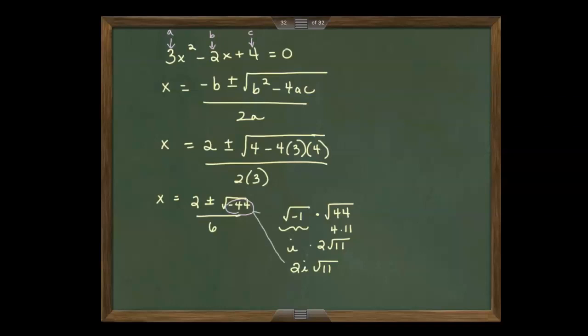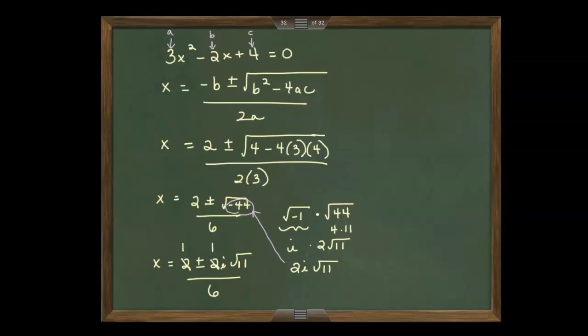So we're just going to plug that in here. So we have x equals 2 plus or minus 2i times the square root of 11 all over 6. We are almost done. Now we just divide each piece by 2.